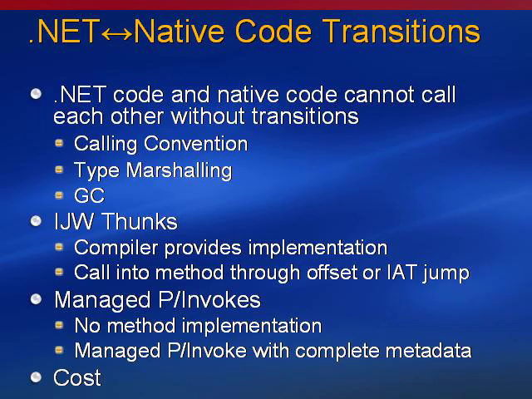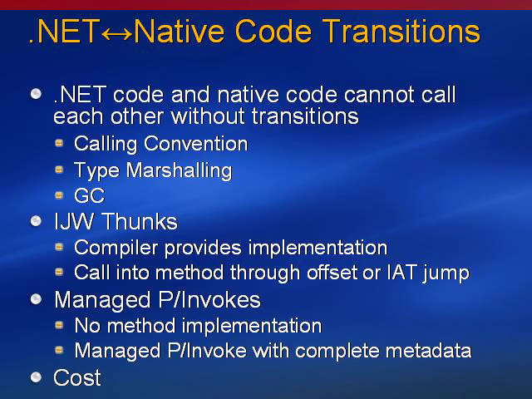As far as cost goes, the IJW thunks tend to be a bit faster than the managed P/Invokes, because the managed P/Invokes tend to have more information. Even if you don't have to do any marshalling, there still are marshalling checks that cost some time. There have been some figures quoted that it takes as little as 10 cycles to get one of these transitions done. I've personally been able to make that happen, but it required a ridiculously contrived test case.